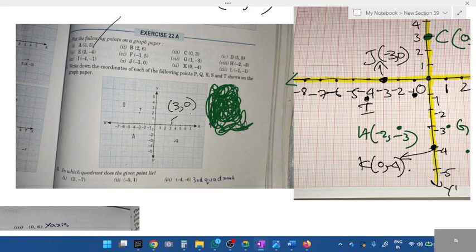What about Q, students? Answer this, all of you. Plot it. P, Q, R, S, T. There are 5 points. Write the answers.